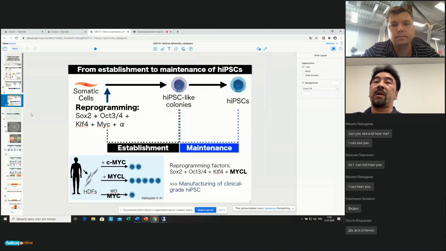We found a more effective factor that is named the L-MYC gene. c-MYC and L-MYC are the same MYC family genes, but using L-MYC, we can increase the reprogramming efficiency in human cells. Now we usually use the reprogramming factor set that includes L-MYC. This set is also used for the manufacturing of clinical grade iPSCs in Japan. Next slide, please.